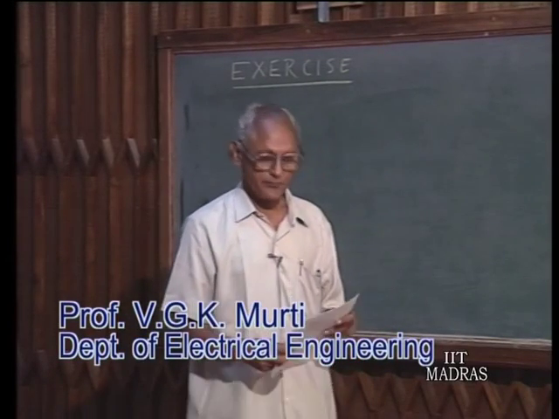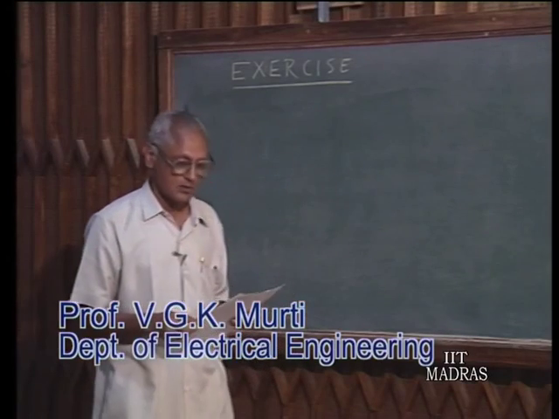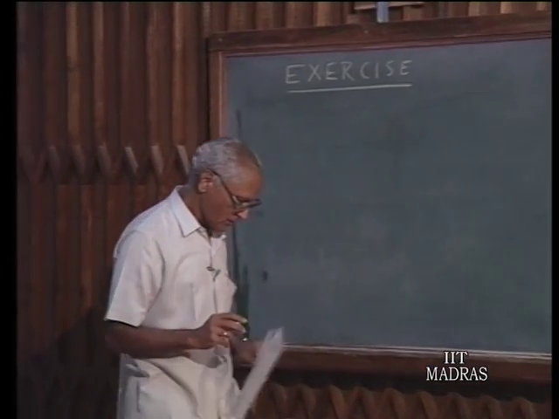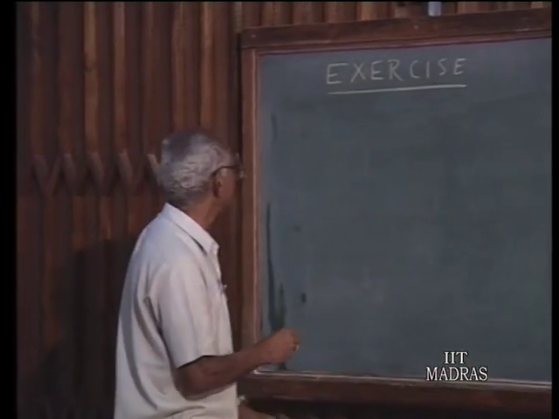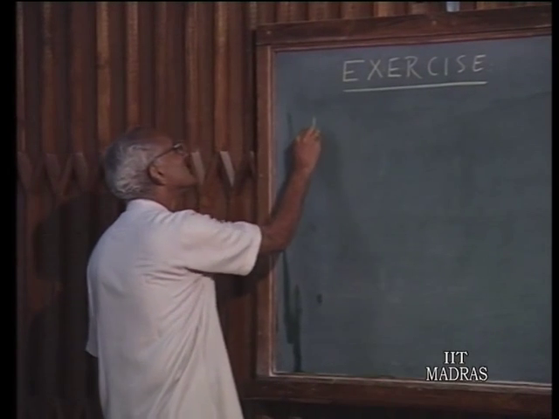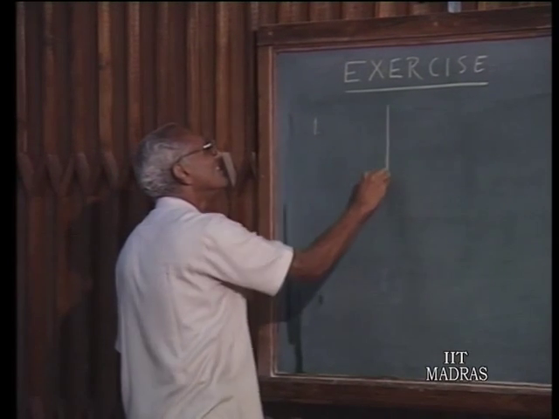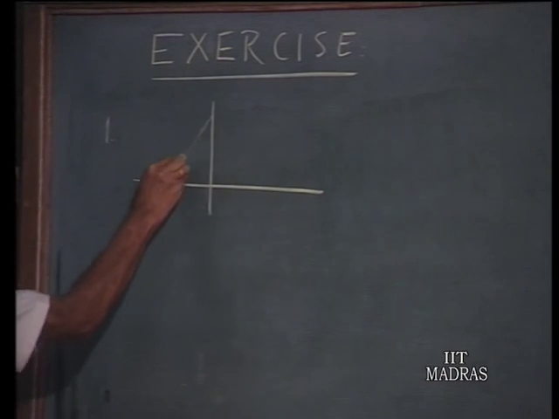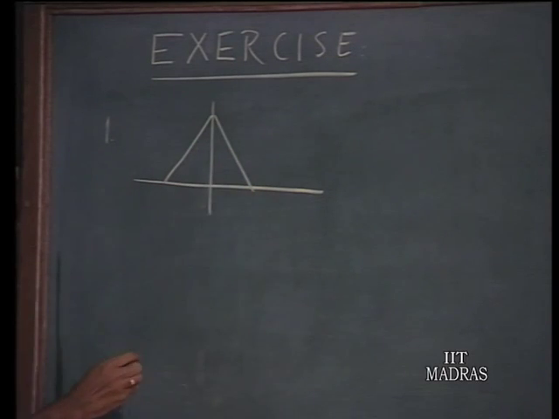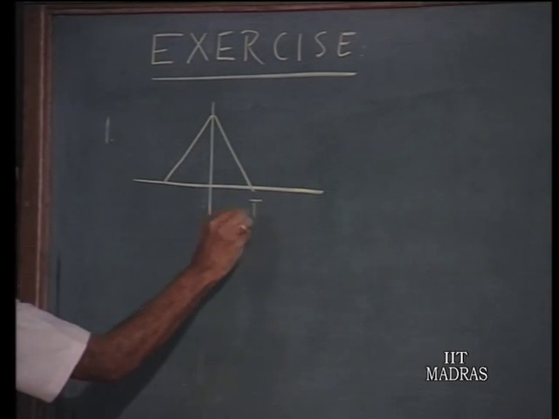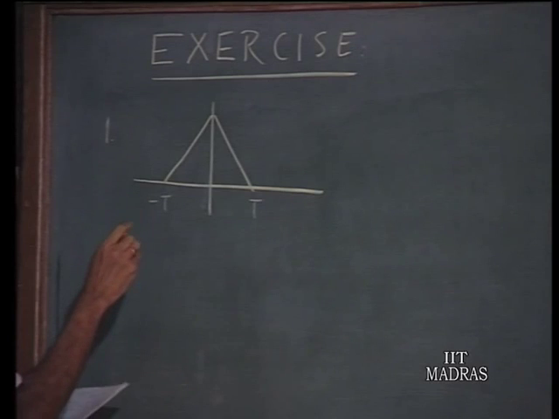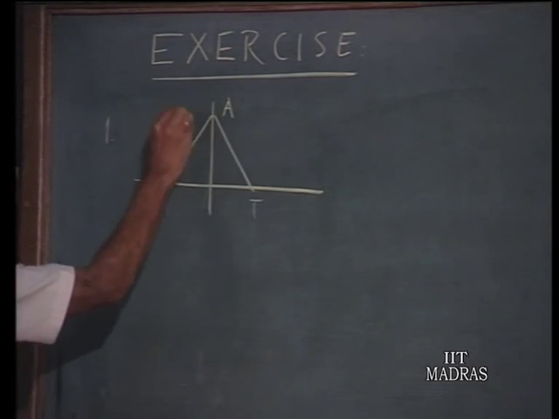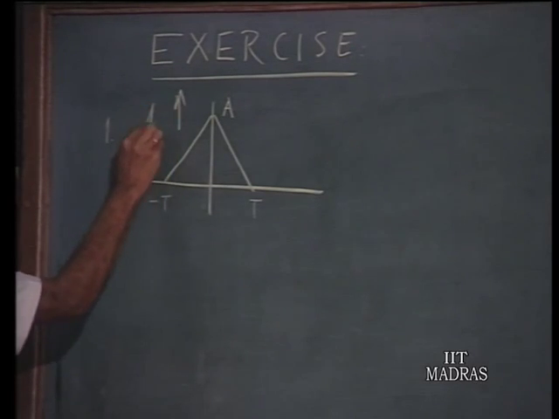Now, let me write down a set of problems for you as an exercise under the topic Fourier transform and the Fourier integral. Let us consider an f of t which has this type of variation, this is a, this is f of t.